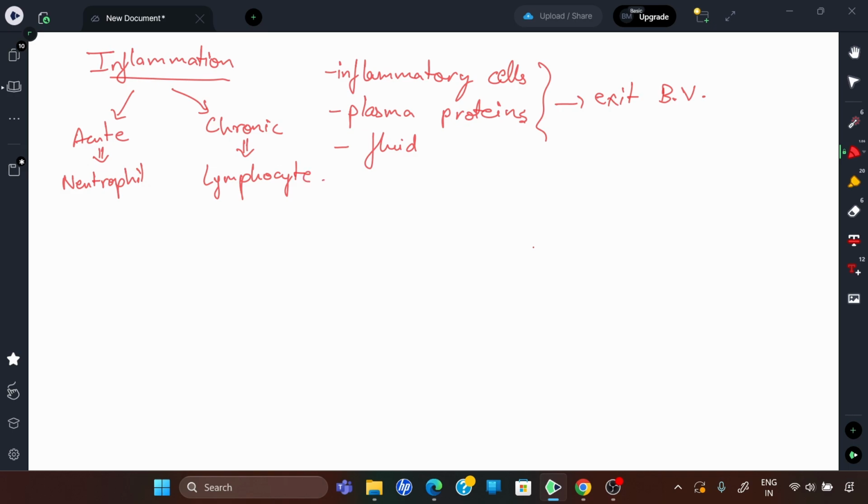Now we will be starting a basic discussion on acute inflammation. What happens in acute inflammation is that your basic goal is to eliminate the pathogen and clear the necrotic debris, right? And it arises in response to infection.